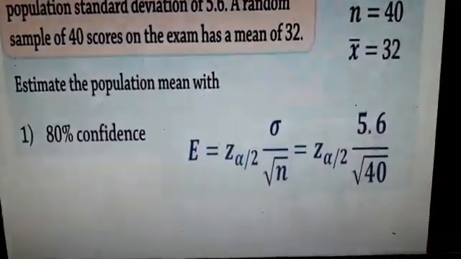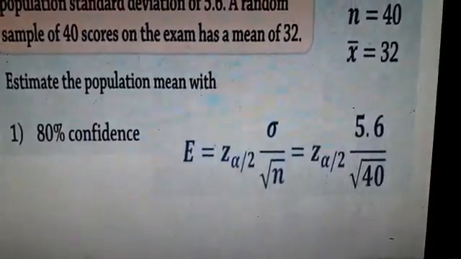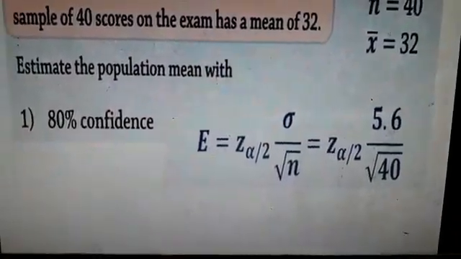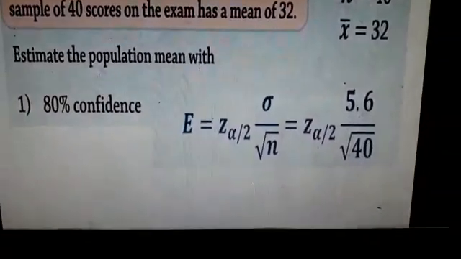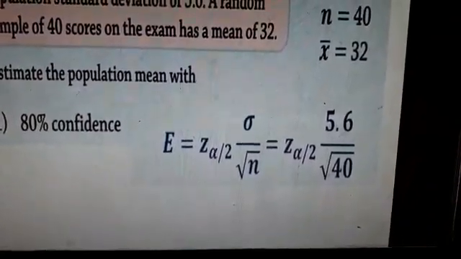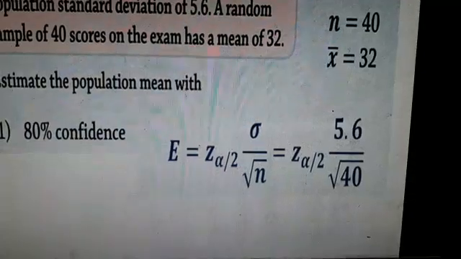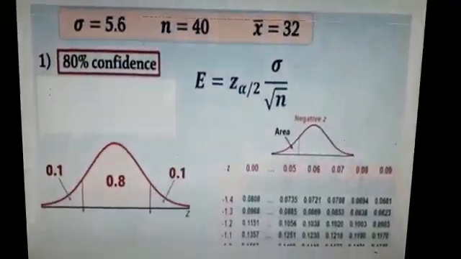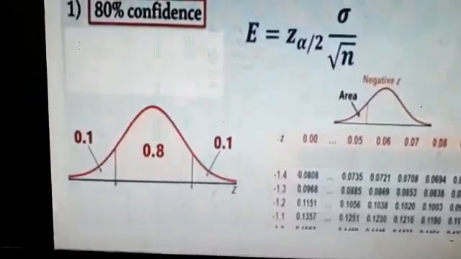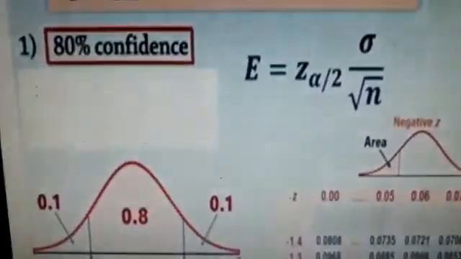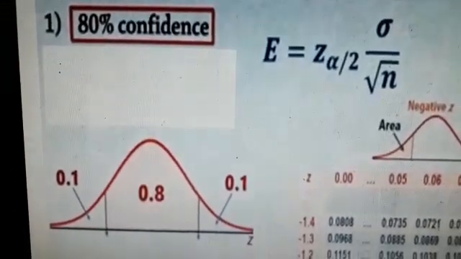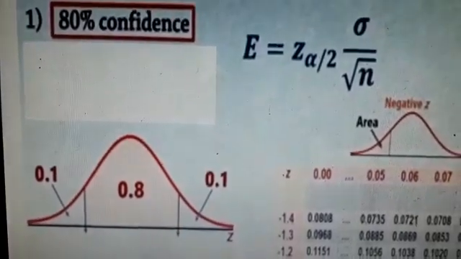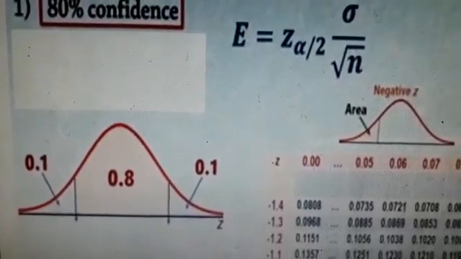So here we calculate the margin of error as Z into standard deviation upon root n. It is talking about 80% confidence. Now the standard deviation is 5.6 and 40 is the sample size. For 80% confidence, you know that's the normal distribution table. So alpha is 1 minus 0.8, that is 0.2, so 0.2 by 2 is 0.1.